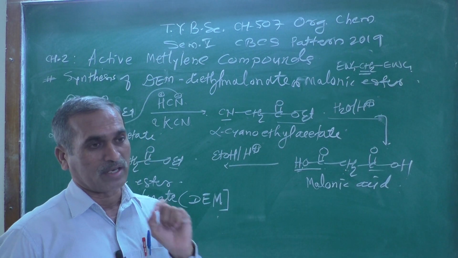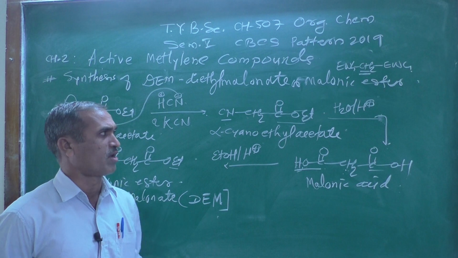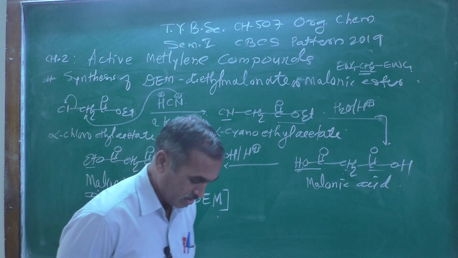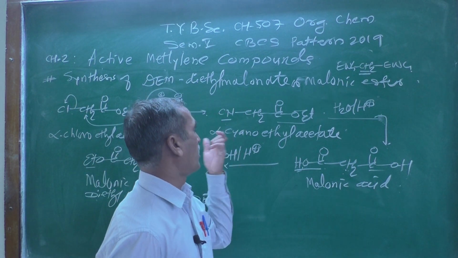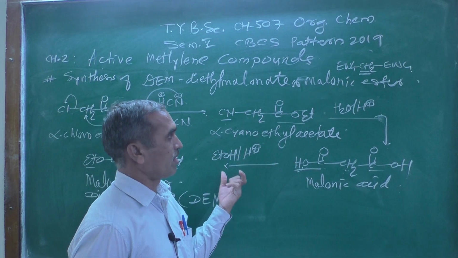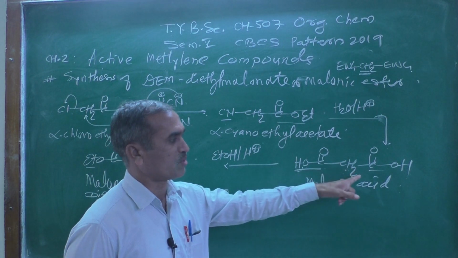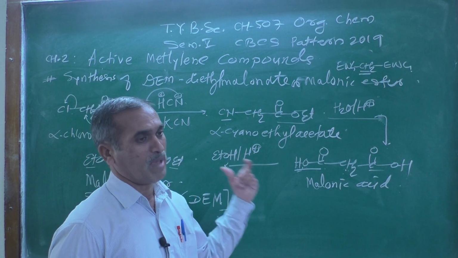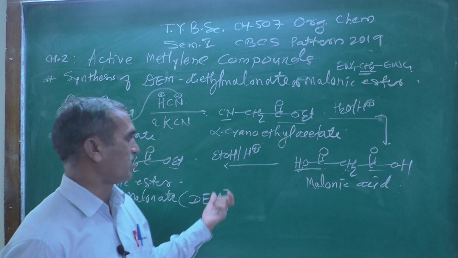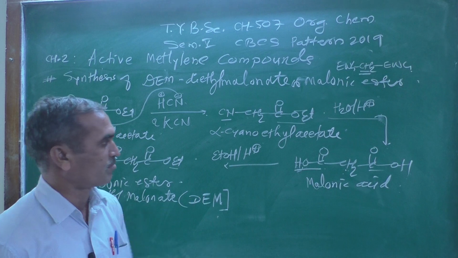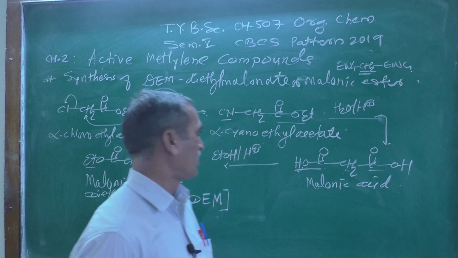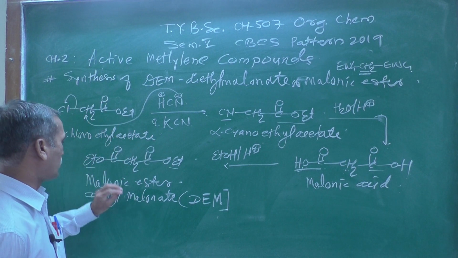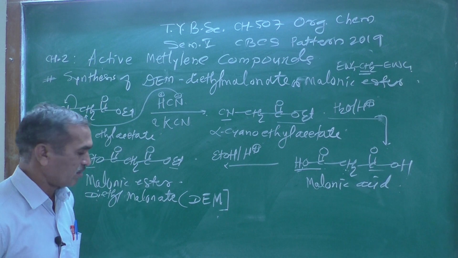It is a very reactive group, and it gets hydrolyzed with the help of water in presence of a mineral acid, just like hydrochloric acid. That cyanide group gets converted into acid, as well as that ester group also gets converted into acid, and the resulting compound formed will be malonic acid. And that malonic acid is further treated with ethanol in presence of a catalytic amount of acid, and you will get the required compound or the final product, which is nothing but malonic ester or diethyl malonate.